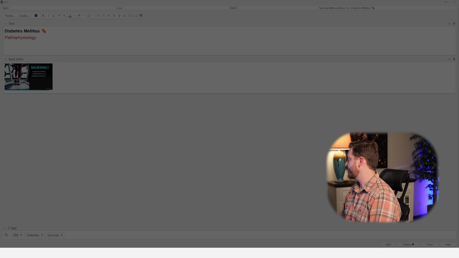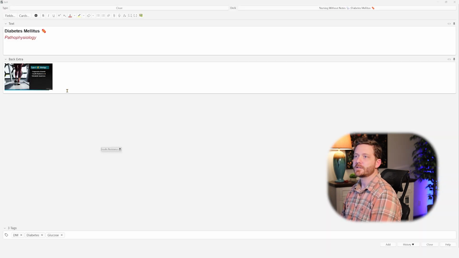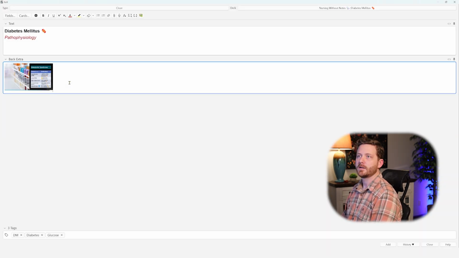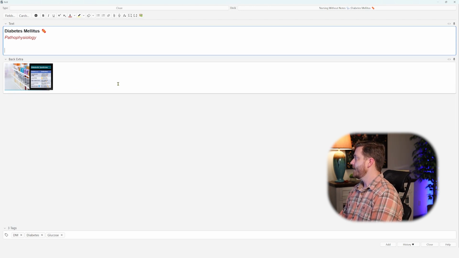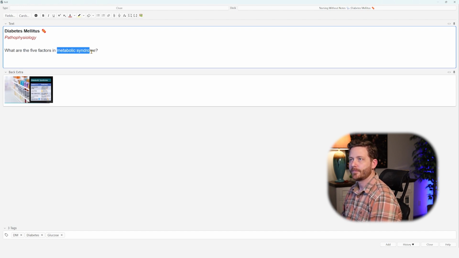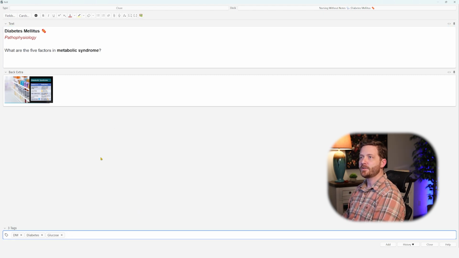Now let's ask ourselves, what are the components of metabolic syndrome? Let me grab a screenshot of our metabolic syndrome, and we'll place this down here. And let's ask ourselves, what are the 5 factors in metabolic syndrome? And let's bold that up. Because you'll see metabolic syndrome thrown around a bit throughout nursing school, let's go ahead and tag these cards specifically.